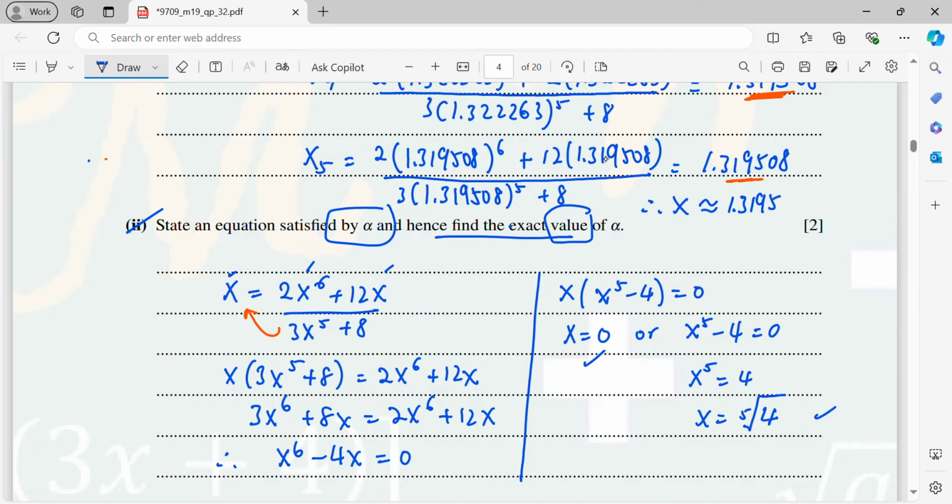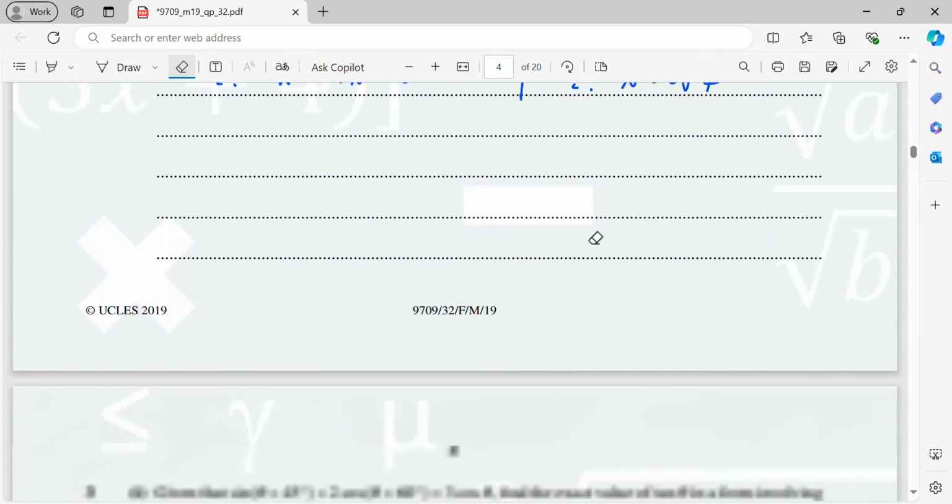Since we have found this value, therefore I will just write x is 5th root of 4. Okay, so the x equals to 0 is not acceptable. Okay, done for second part.